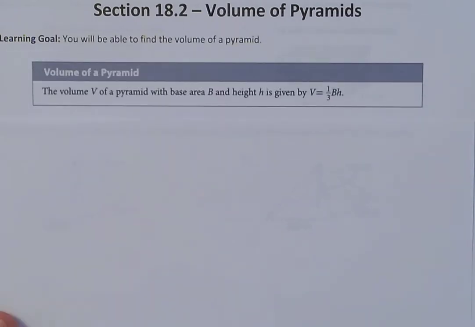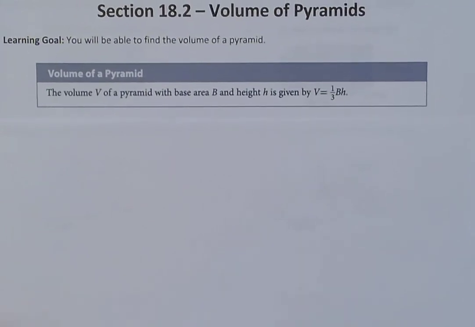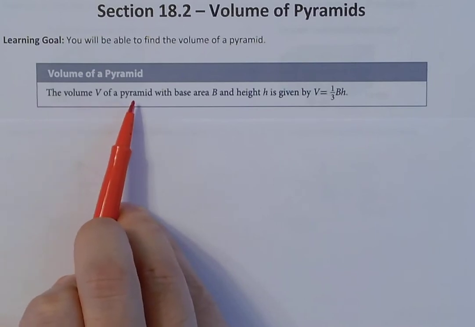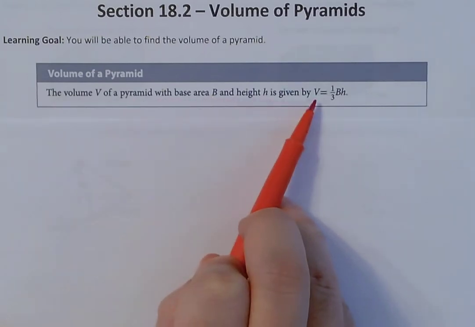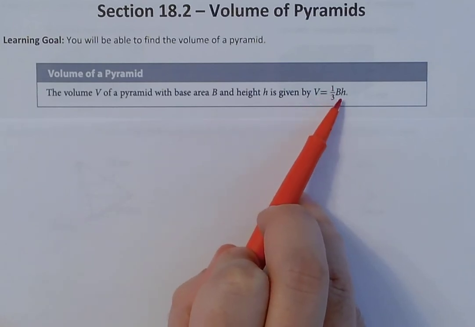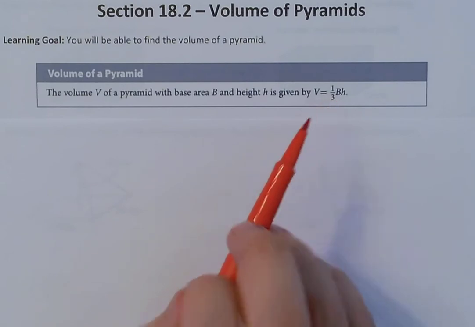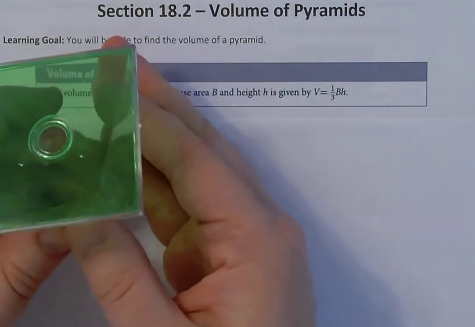Our formula for today is as such. The volume of a pyramid with base area B and height h is given by V equals 1/3 capital B times h. What you have to do to find the volume of a pyramid is find the area of the base.